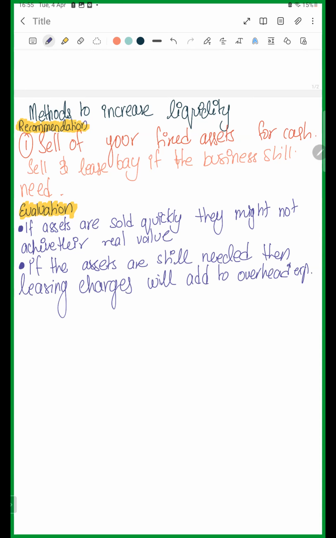So that means your profit margin decreases because now you're paying off an overhead expense. Got it?